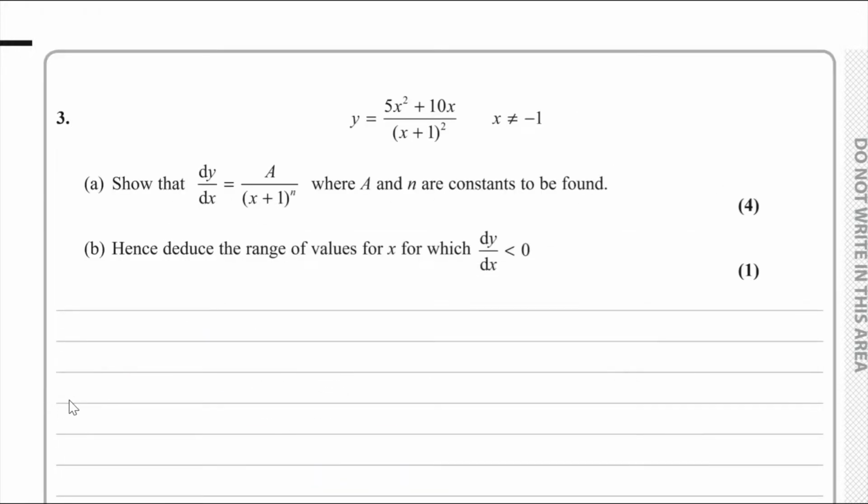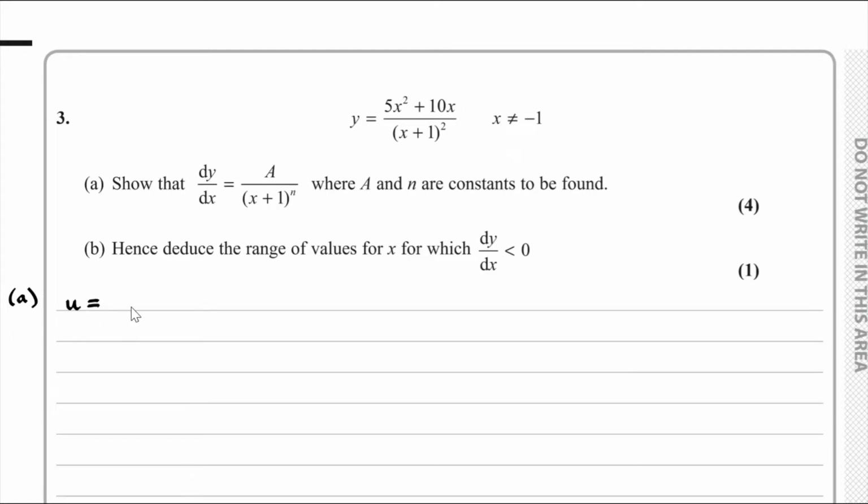Now, I like to use the notation u and v, and u dash and v dash. And for part A, u is the thing at the top, v is the thing at the bottom.